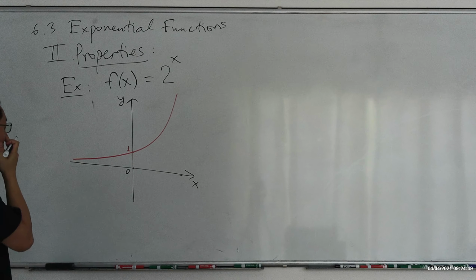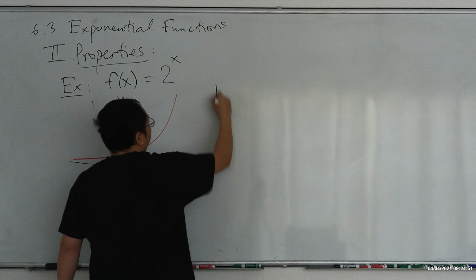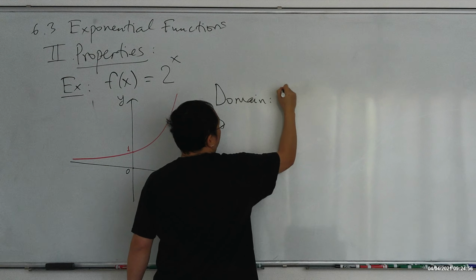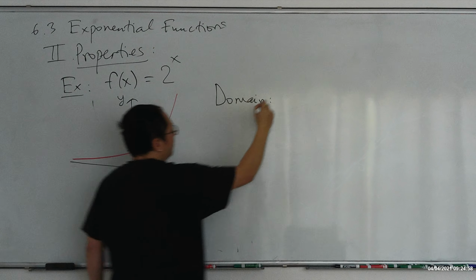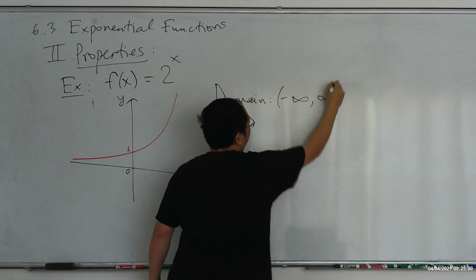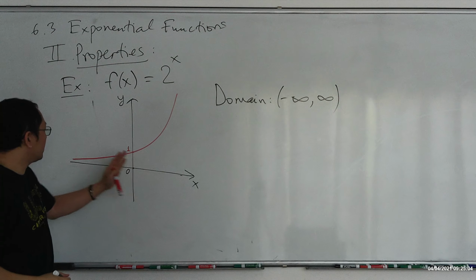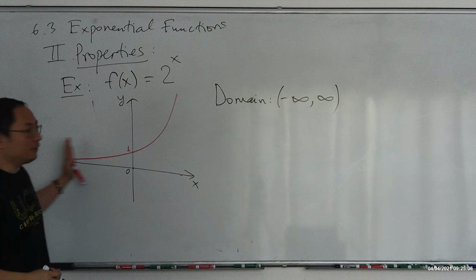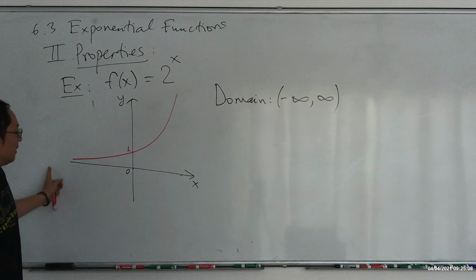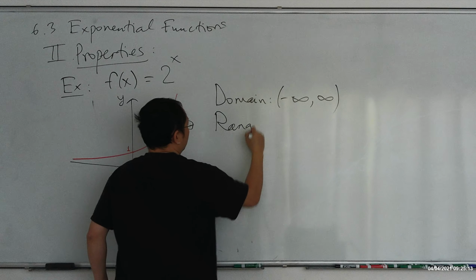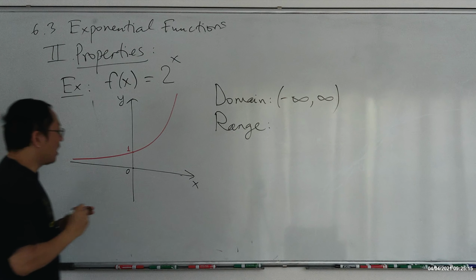So the domain of this function is all real numbers, from negative infinity to positive infinity. You can trace along the red curve and see that x can go all the way from the left to all the way to the right. For the range, we're talking about the y value.